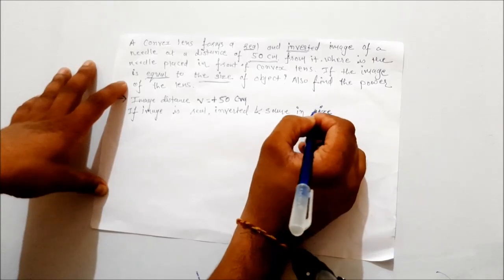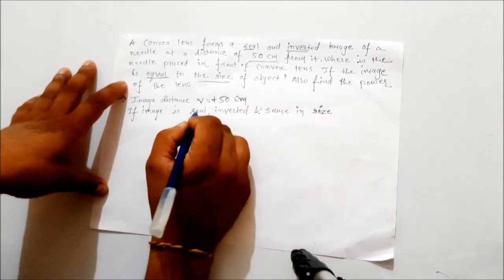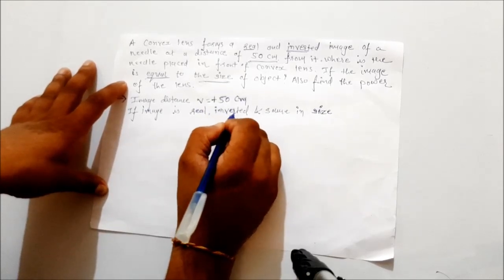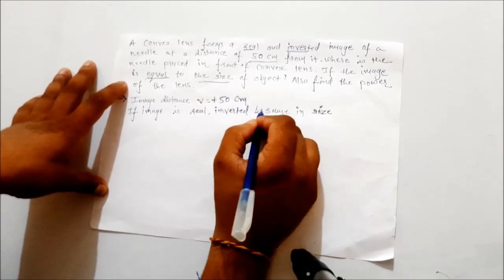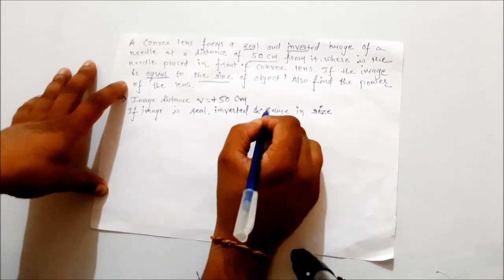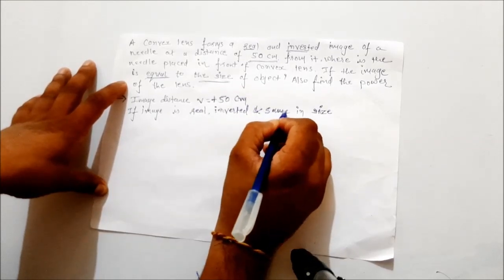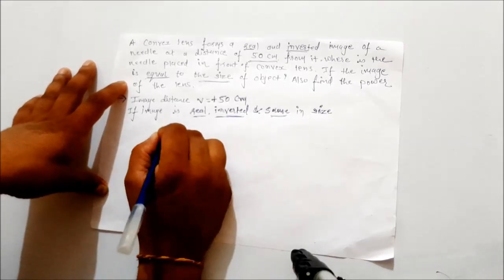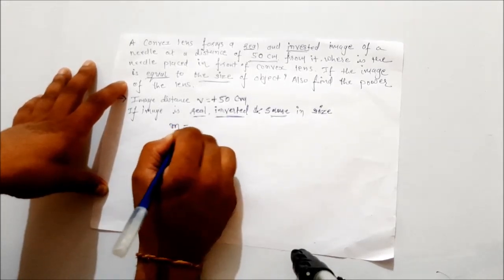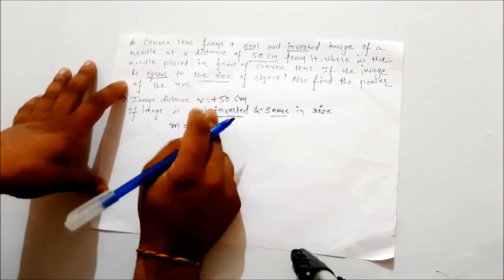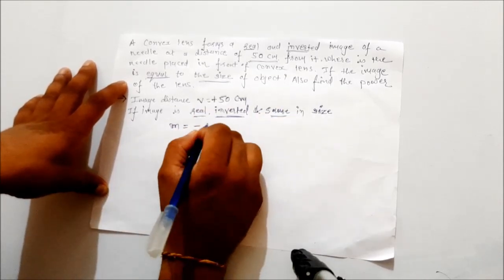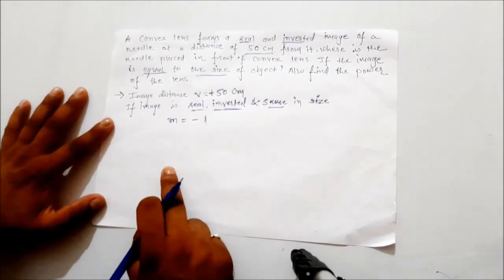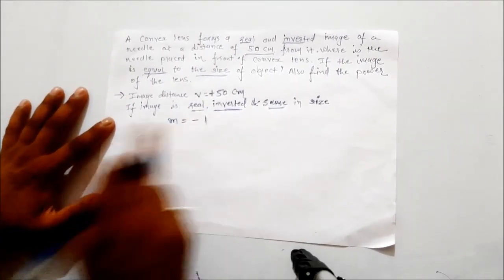Real and inverted means in our magnification it will be negatively signed, and same size means the value will be 1. So from this data we can say our magnification will be equal to -1.